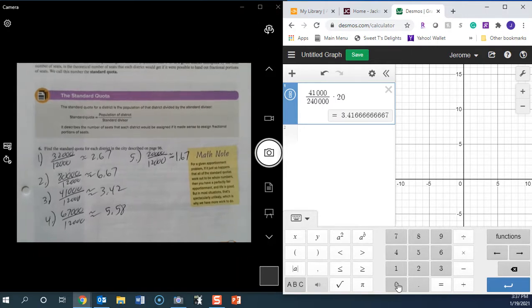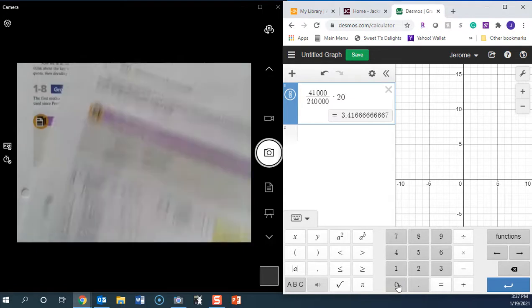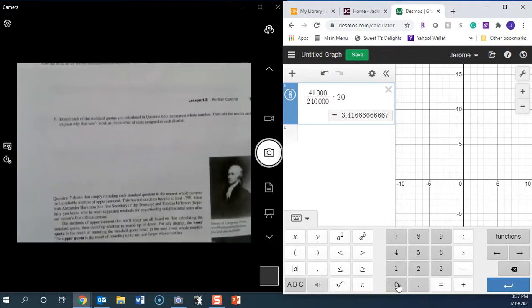Now, we move on to the next page. It says, round each of the standard quotas you calculated in question 6 to the nearest whole number. Then add the results and explain why that won't work as the number of seats assigned to each district.